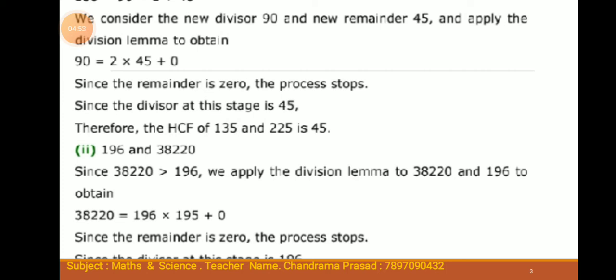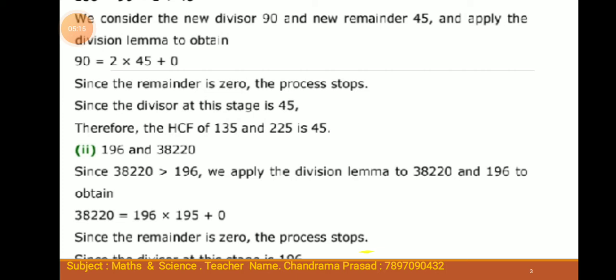Therefore, this can be written 38,220 = 196 × 195 + 0. In this case, the remainder is 0, therefore the process will be stopped.